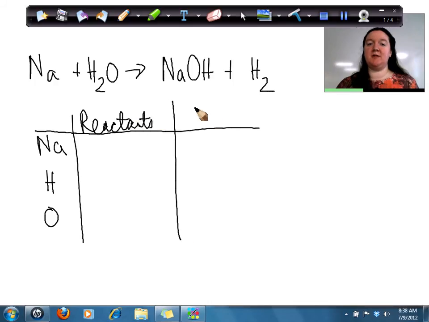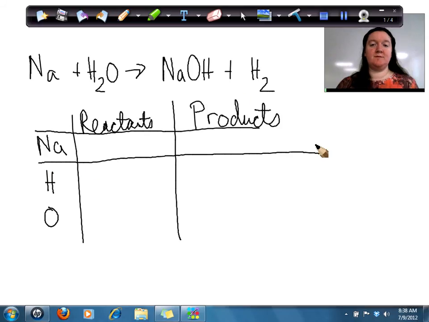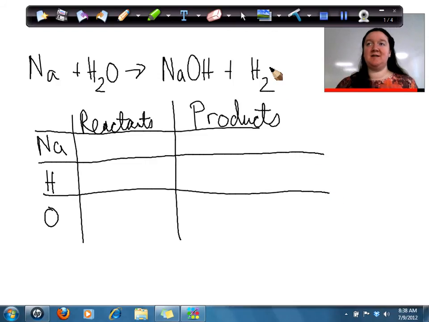We're also going to look at our products. We have hydrogen on that side, and we have hydrogen in two different parts on the other side. Hydrogen gas is another one of the diatomic molecules. Hydrogen doesn't like to be by itself. It has to be with something else.